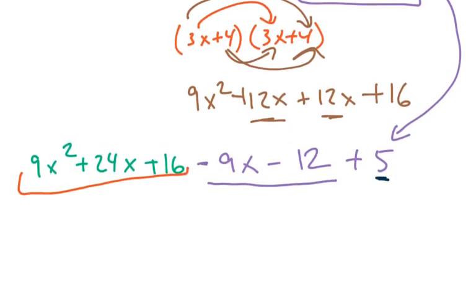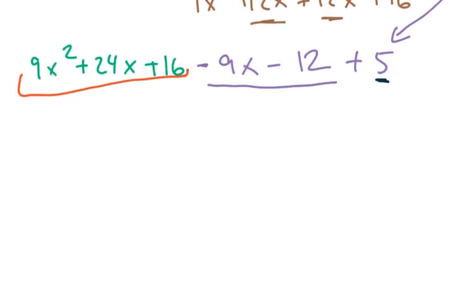Okay. So from here, we're just going to take each of these and consolidate like terms. I have 9x squared, because x squared has no other term.